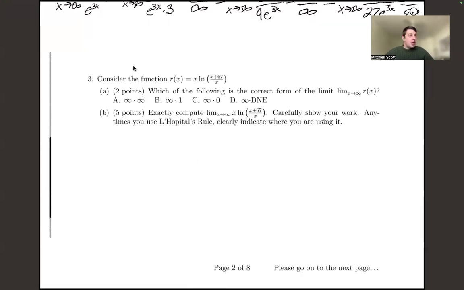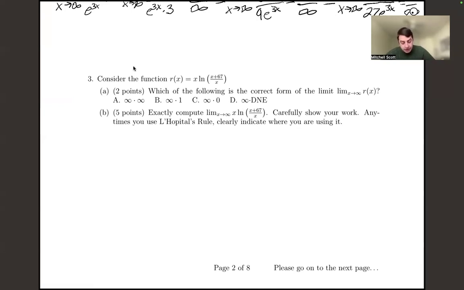So now we are going to continue with L'Hopital's rule. And in fact, we have a slightly different looking function. So consider the function r of x, which is x times ln of (x plus 67 over x), right? So which is the correct form of the limit as x goes to infinity?